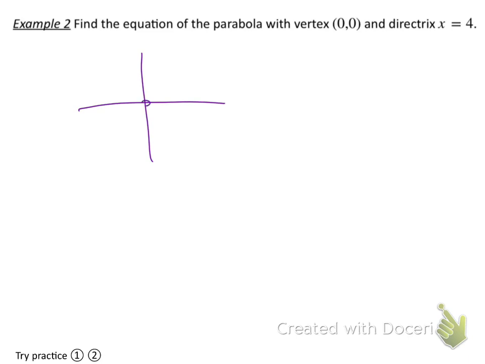So here we have the vertex at 0, 0, and x equals 4 is the directrix, which means -4 will be the focus, and this is the parabola. But all you need to care about is what's p, and is it in x or in y. The directrix is x equals -p. Meanwhile, x equals 4, so p equals -4.